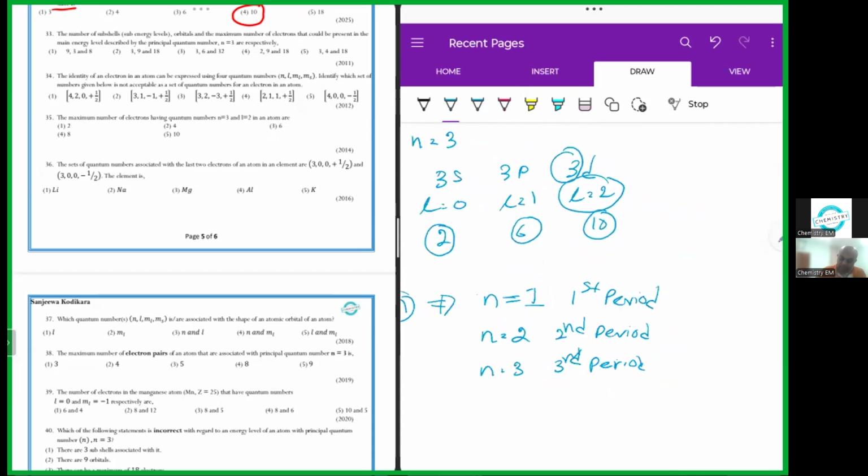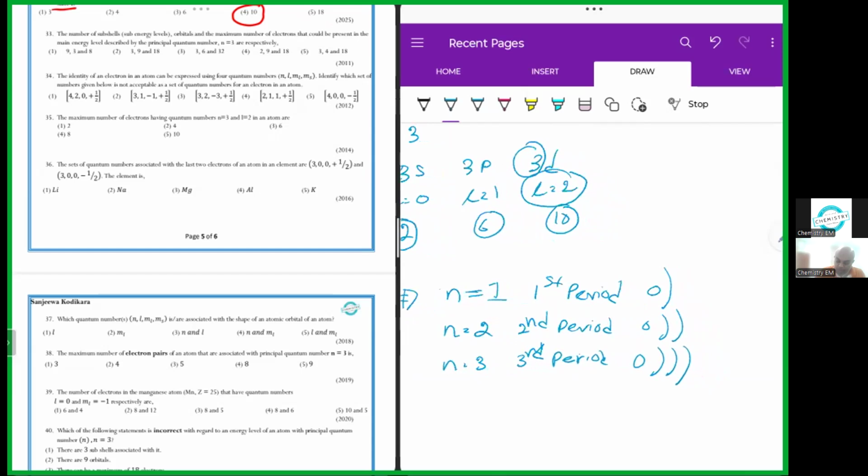So on the other hand, we can say there is only one main energy level in the first period. Second period, 2 main energy levels. Third period, 3 main energy levels, right? So these are some new things that we can learn. And also we can say first period is having only 1s.